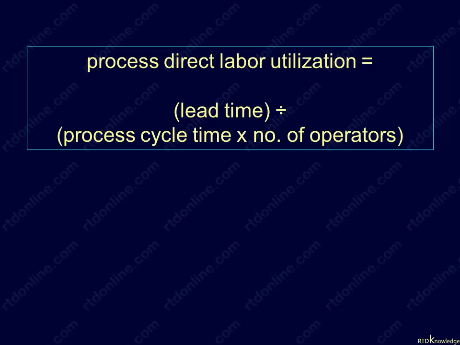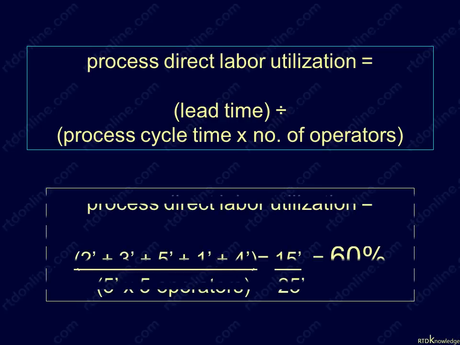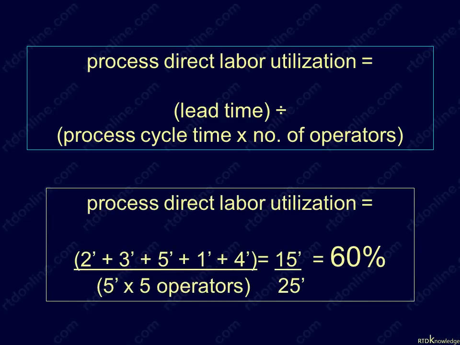A more convenient formula to help us compute the direct labor utilization of any process is lead time divided by the product of the process cycle time and the number of operators. Remember, we have 5 operators, each working with the same process cycle time of 5 minutes.